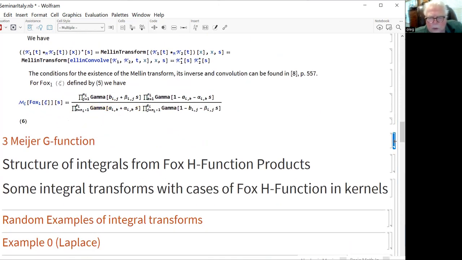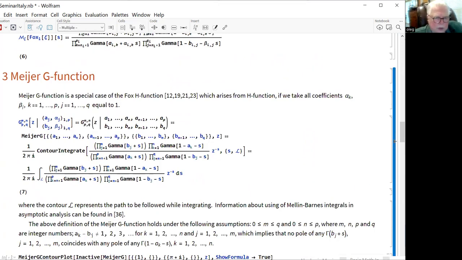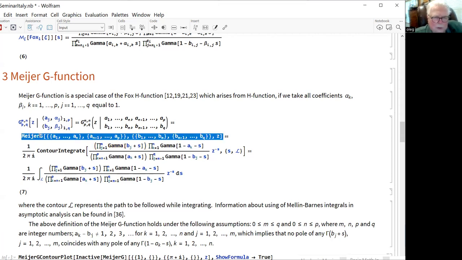Fox has a lot of particular cases. Below you will see these cases in my lecture. And the most important case is when the coefficients before S are 1. And here we see this 1, 1, 1. And we see that this function is a particular case of Fox. I did not write the formula. Maybe I should write the formula for this situation.